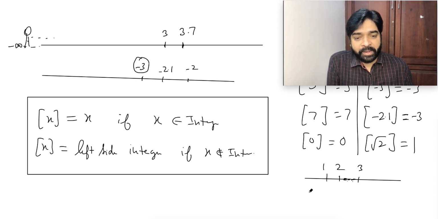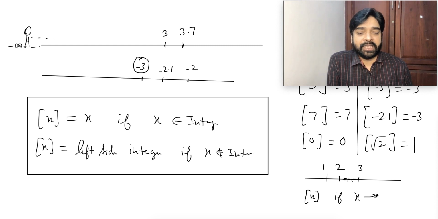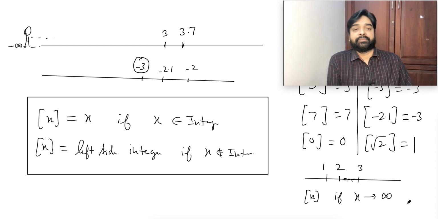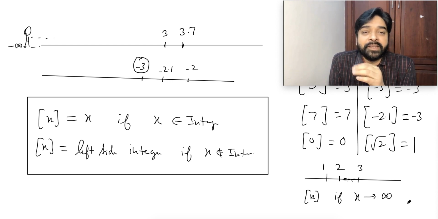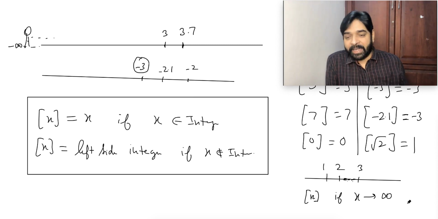What will be greatest integer x if x tends to infinity? Be clear: infinity doesn't have the integer property. Integer property belongs to finite numbers.